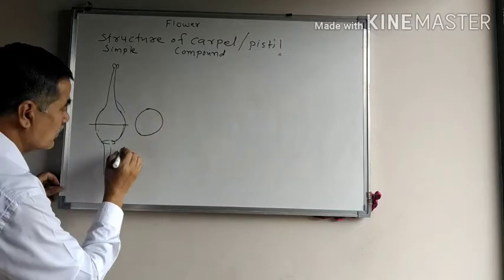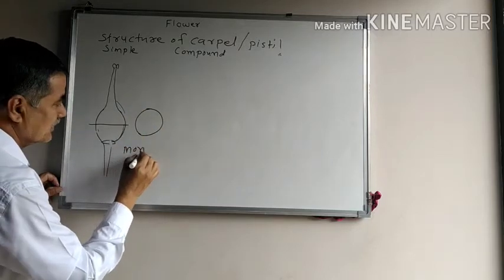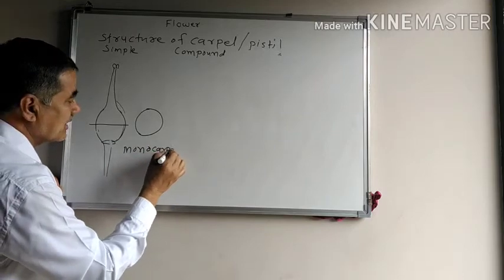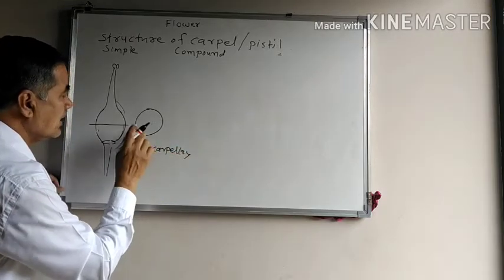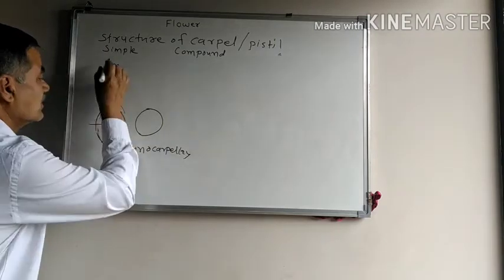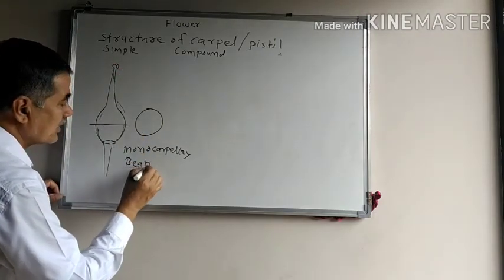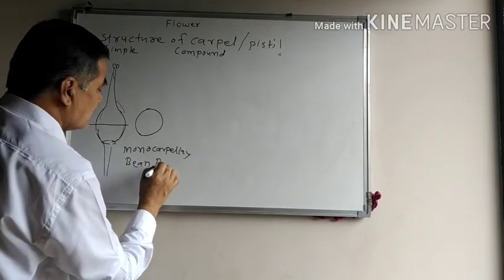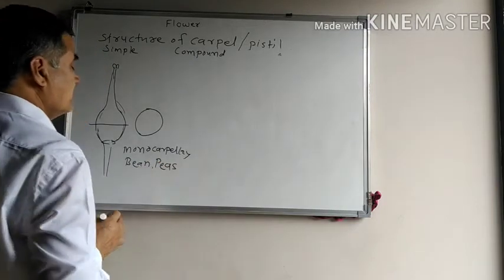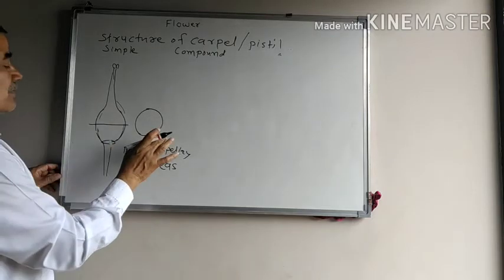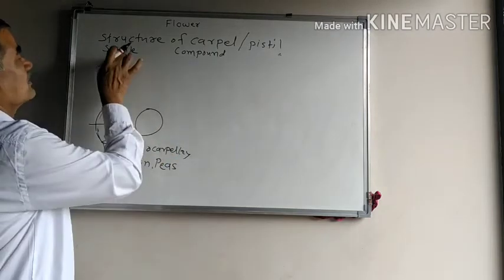It is known as monocarpellary. Mono means one, carpellary means carpel. The ovary is made up of one carpel. Examples of monocarpellary are beans and pea. Such a type of carpel is known as the simple one.